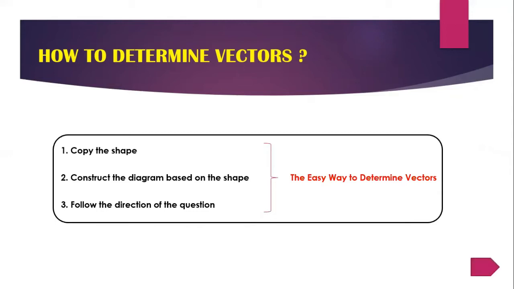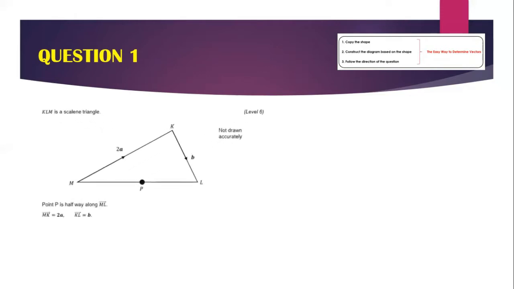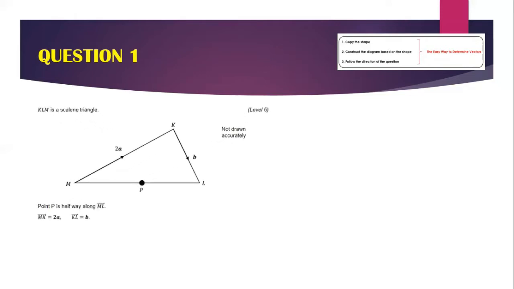How to determine factors? Question 1. Look at the diagram on the screen. This is the question. KLM is a scalene triangle, not drawn accurately. Point P is halfway along ML. Once again, point P is halfway along ML.